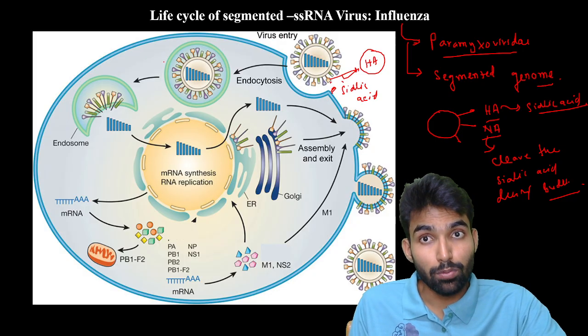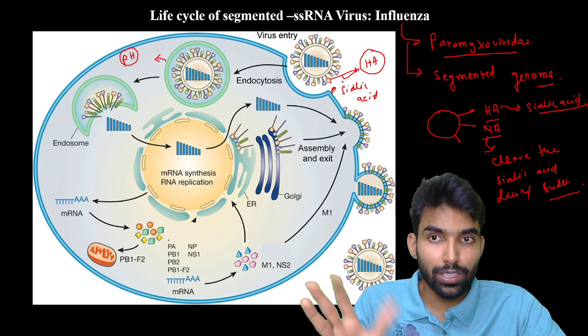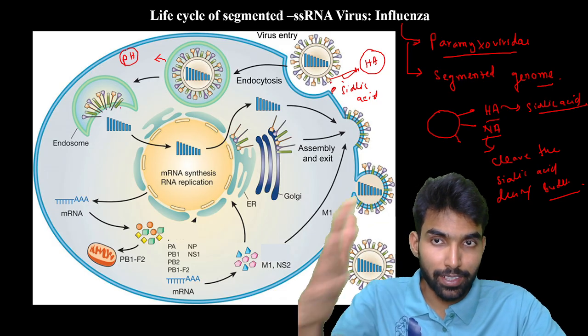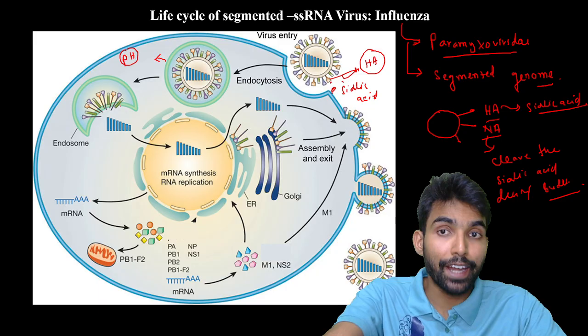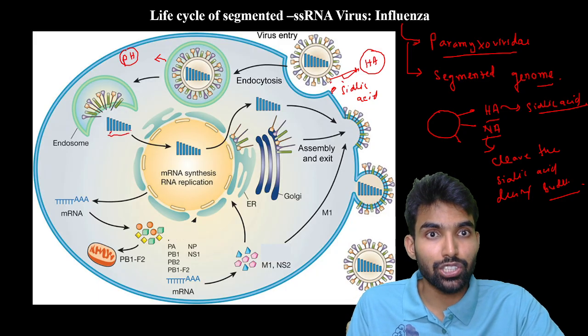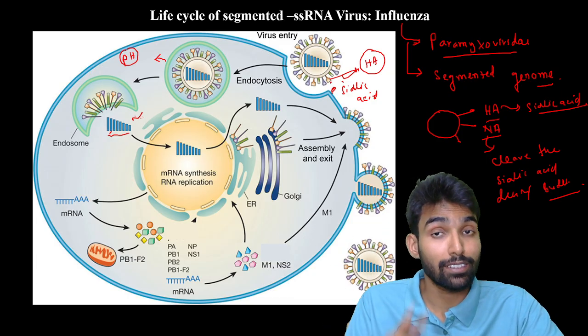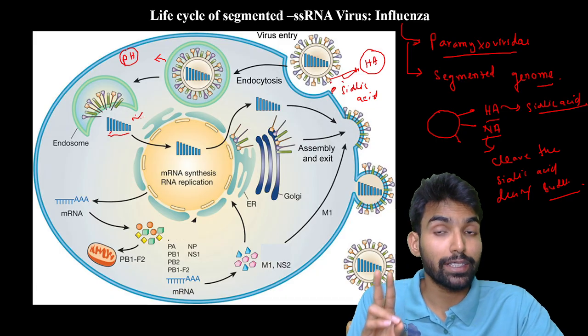Inside the endosome there are some pH mediated changes. I don't want to go deep. So what's happening? The virion is fused with the endosome membrane, right? Then the 8 segmented genome comes into the cytosol. That's the most important thing. It's not one genome, it's 8 segmented genome.